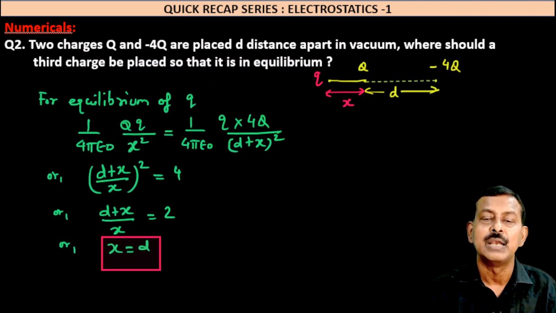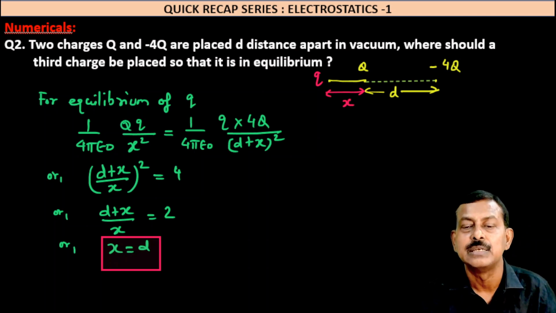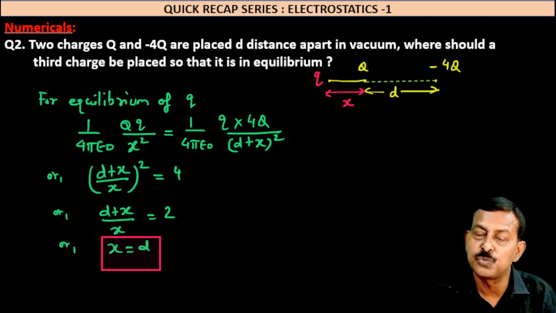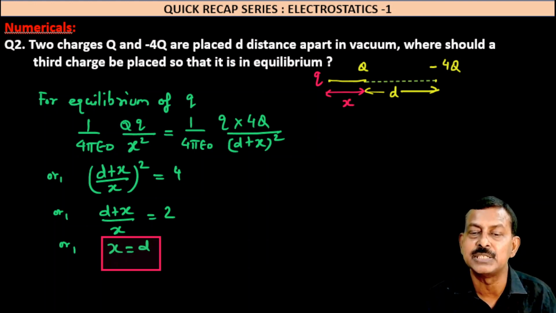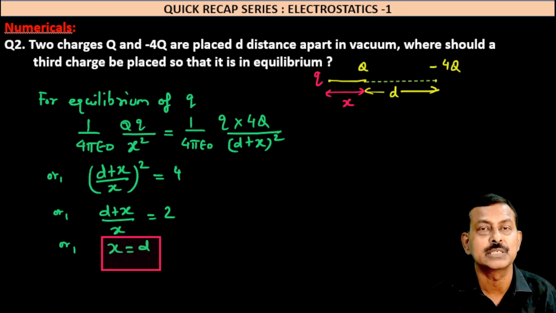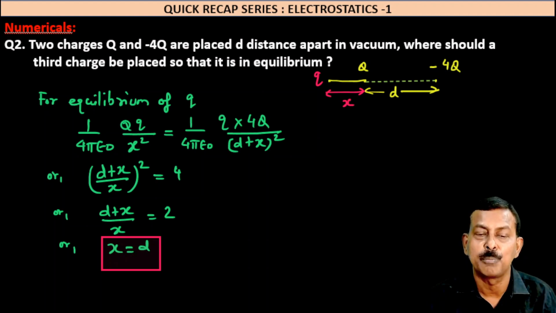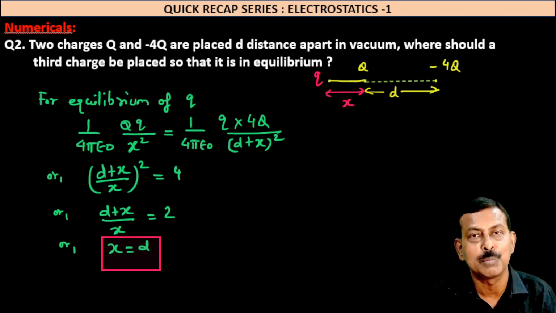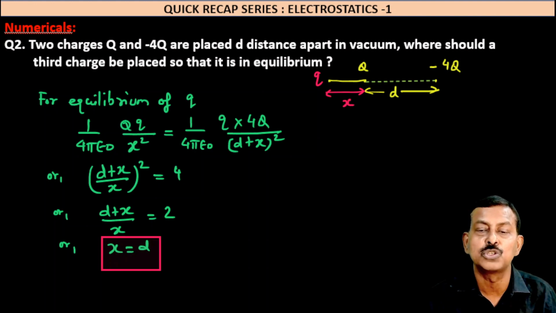So here, let's take for this case that you have the charge plus Q here, minus 4Q at a separation d, and the third charge we have kept at a distance x from the charge capital Q. So for equilibrium of q, 1 by 4 pi epsilon naught Q q by x square will be equal to 1 by 4 pi epsilon naught force due to this small q and minus 4Q.